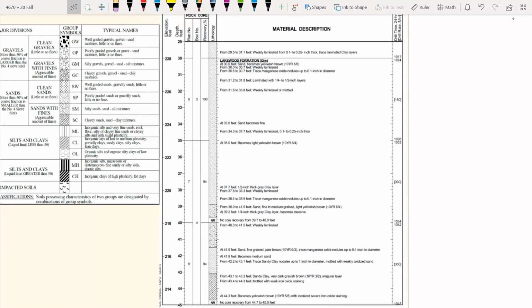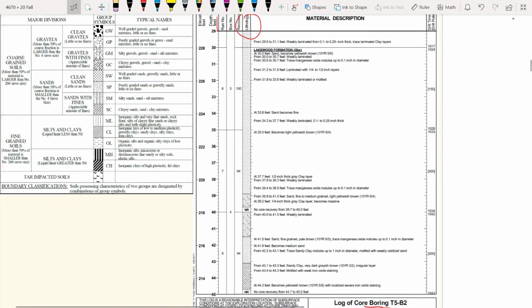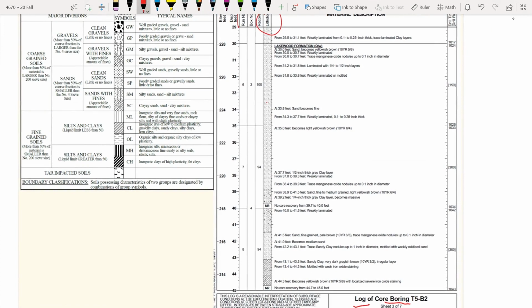After we have that information, through different depths we can find out the soil classifications. So pretty much this is the soil classification. Remember in 366, we talked about the unified soil classification system. This tells you what type of soil it is from a depth of 30 feet to 39, for example.